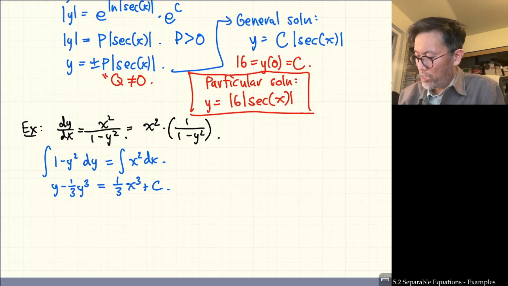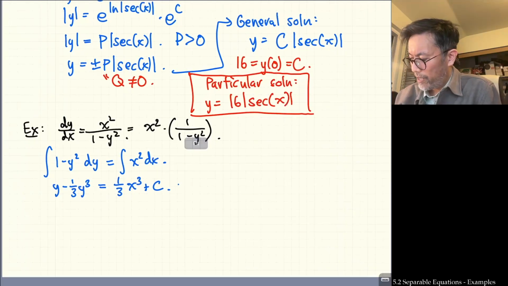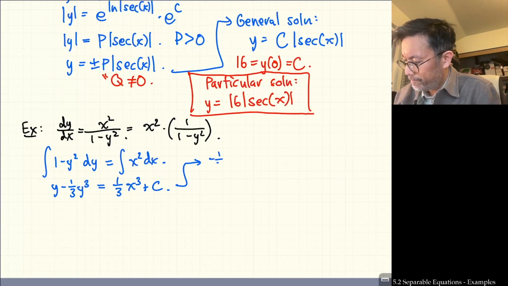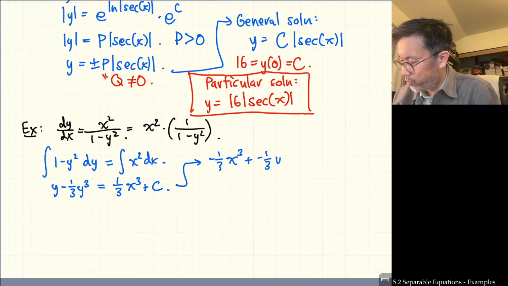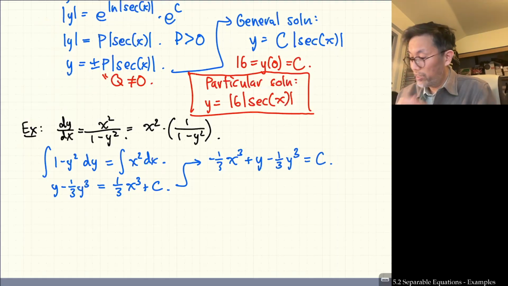What does that look like? It's going to look like me moving over the negative 1/3 x cubed: minus 1/3 x cubed plus y minus 1/3 y cubed equals c.